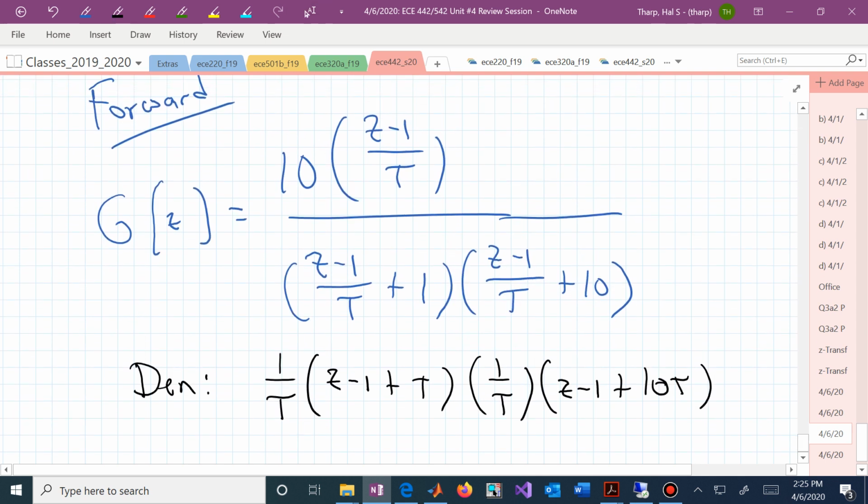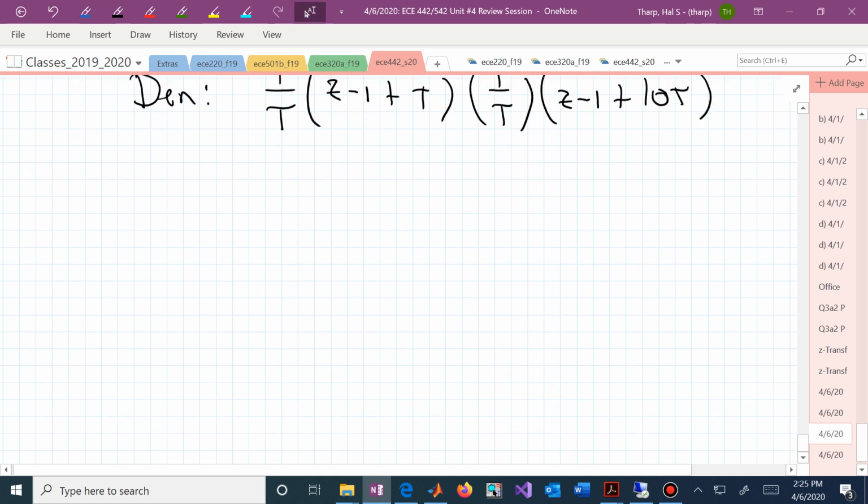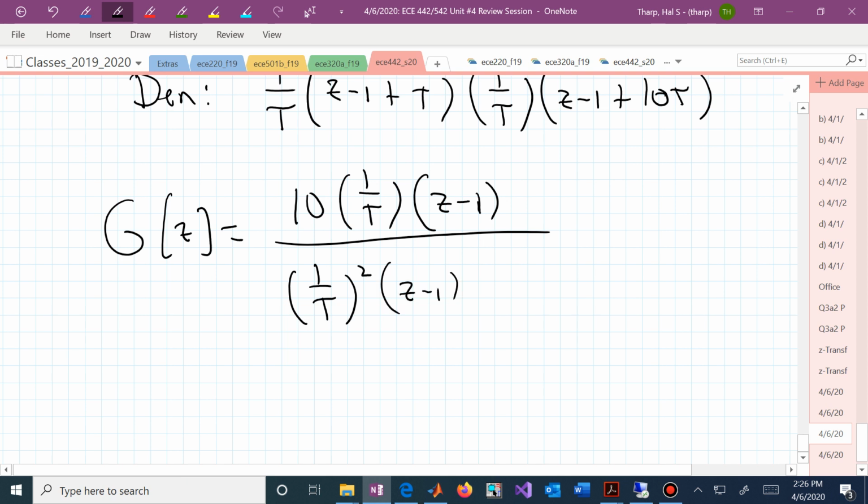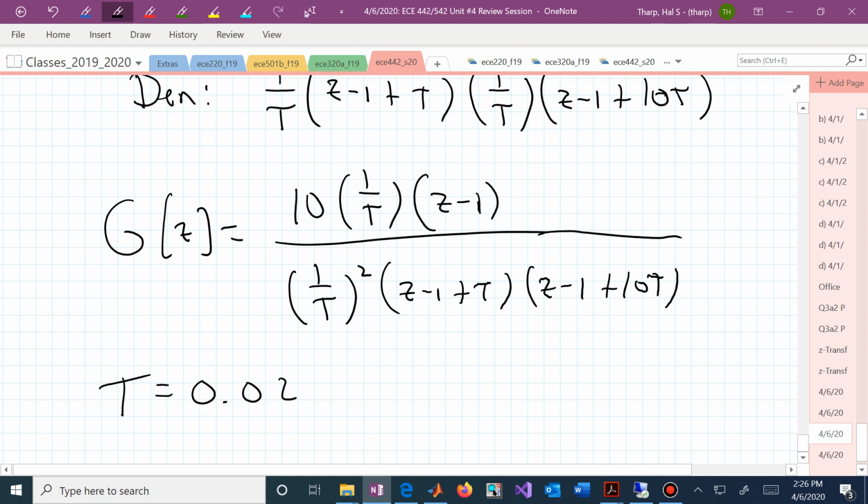And now that I have 1 over t and 1 over t downstairs, or 1 over t squared, my g of z is now 10, 1 over t. Upstairs I have the z minus 1. Downstairs I have a 1 over t squared, z minus 1 plus t, z minus 1 plus 10t. Again, remembering t was 0.02.